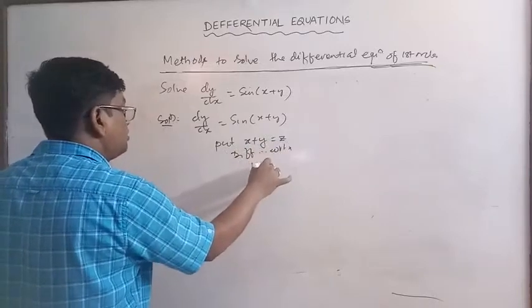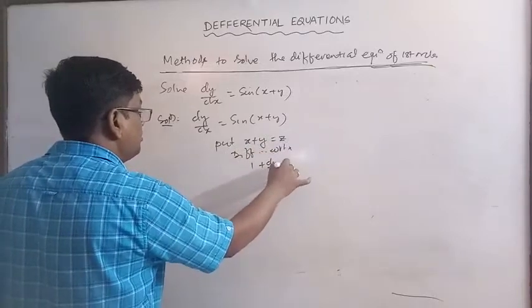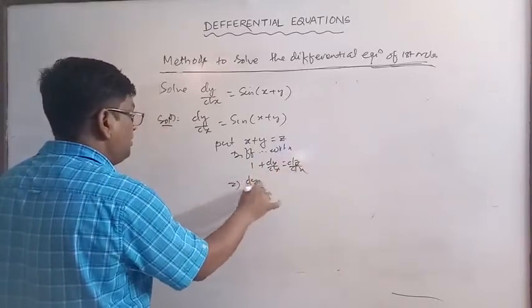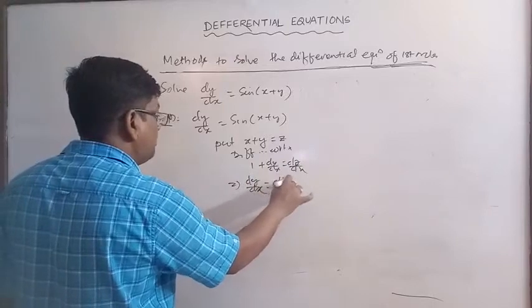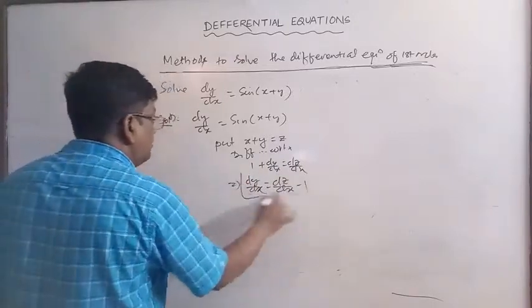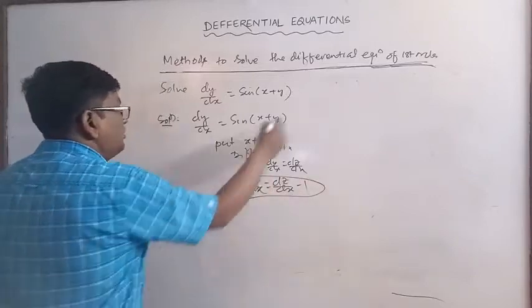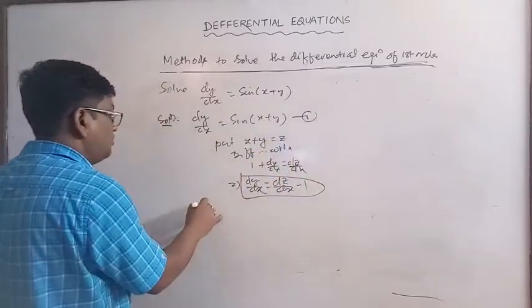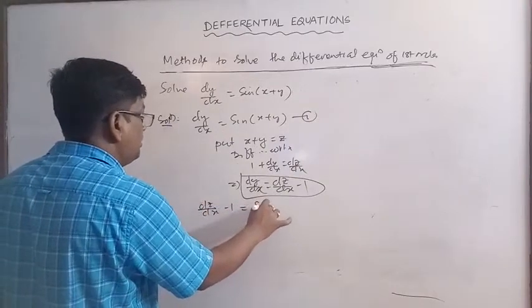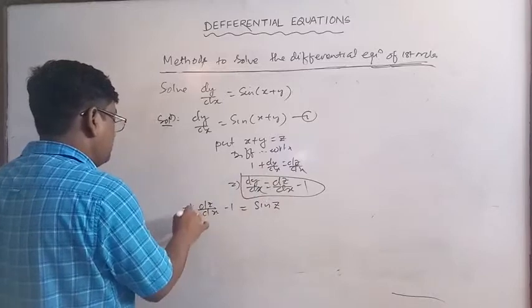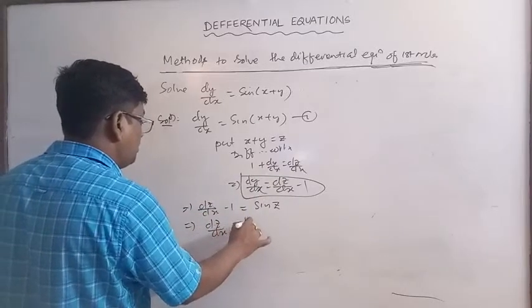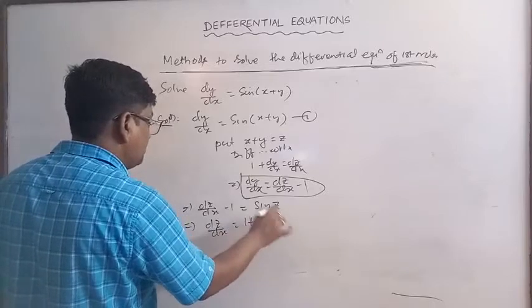So 1 + dy/dx = dz/dx, so dy/dx = dz/dx - 1. Put this value in equation 1. So dz/dx - 1 = sin z. That implies dz/dx = 1 + sin z.